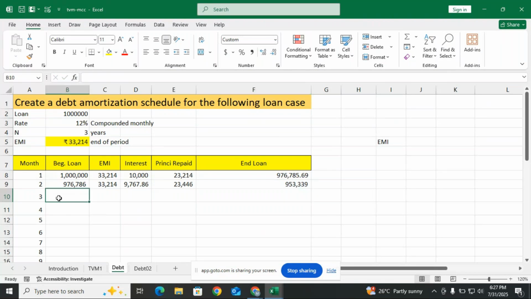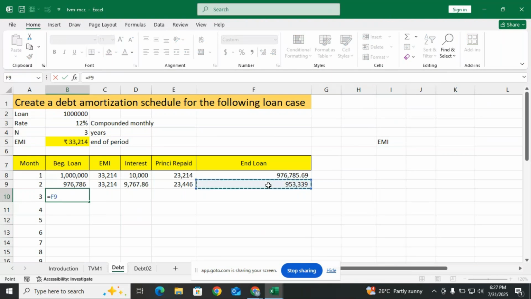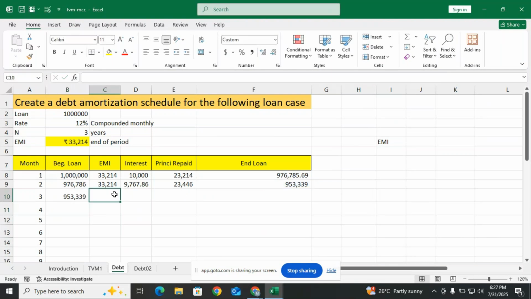Again for the third month equals to this. Okay. So see, if you drag, what happens? You're going to get like this. So most of you would have thought, anyway, it's the same amount, but let me drag it.